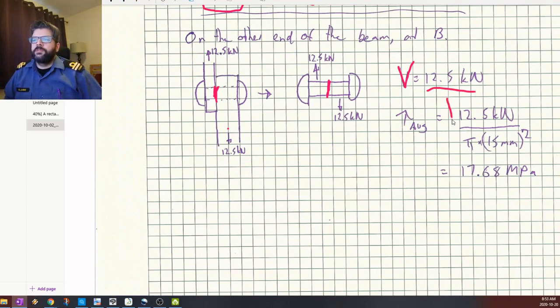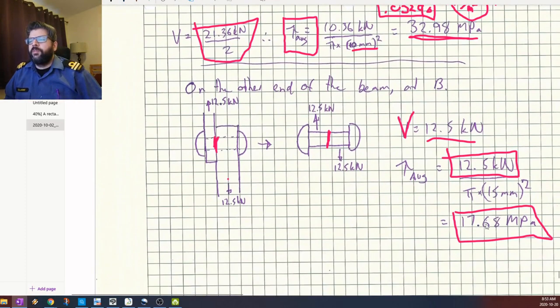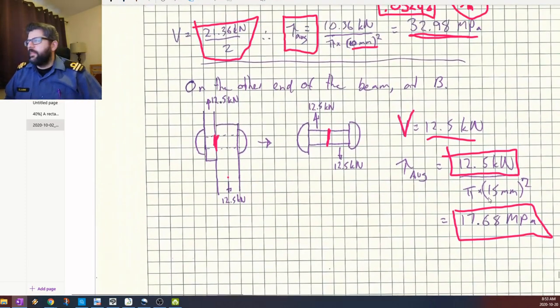So just that load divided by the area. The area is based upon its diameter. The given diameter was 30 millimeters. So we've got this load divided by pi times 15 millimeters squared, the radius squared, and that'll give us 17.68 megapascals. Again, using the same conversion formula that we had up here. And that is about that.